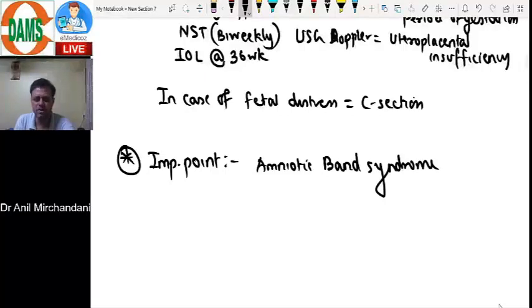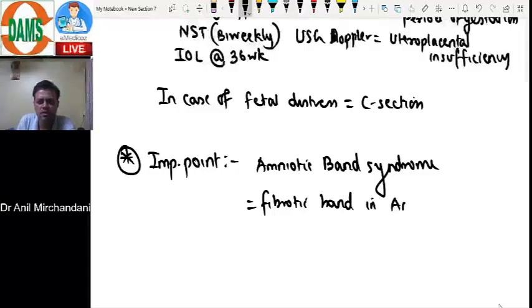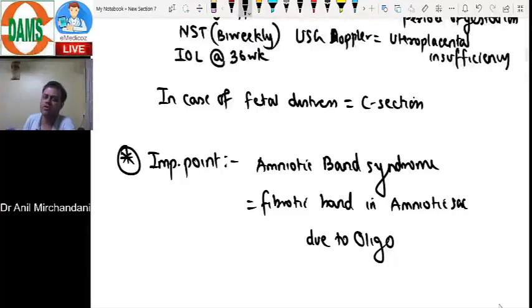It's a clinical scenario where there is a fibrotic band in the amniotic sac due to oligohydramnios.